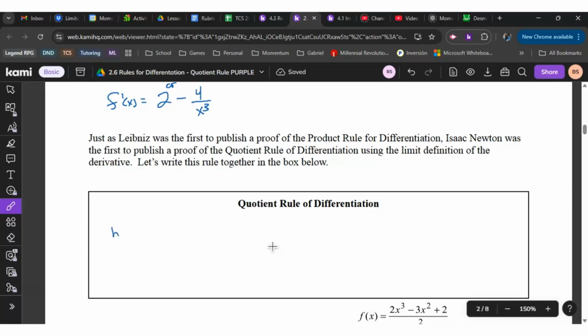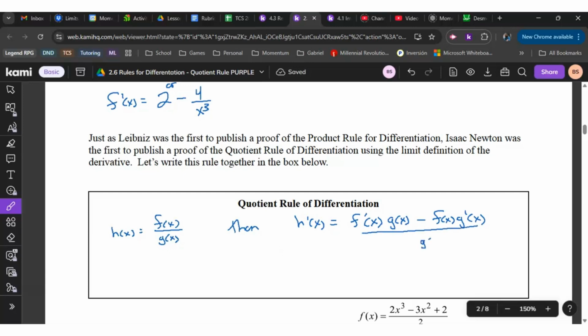For this rule, if we have h of x is equal to f of x over g of x, then h prime of x is going to be equal to, and it starts off very similar to product rule, f prime of x, g of x, minus, instead of addition, f of x, g prime of x, and then this extra part is it's all over the bottom one squared.